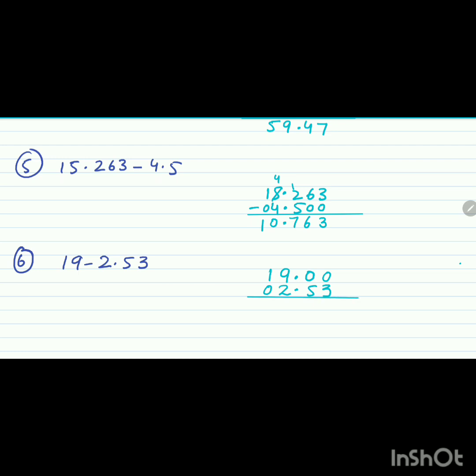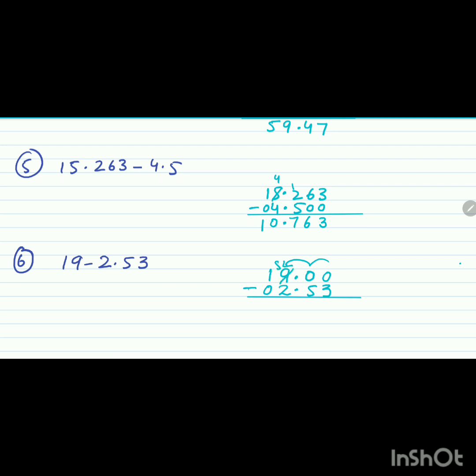And now you will subtract them with the simple subtraction method. You have to be very careful while doing this type of question. We cannot subtract 3 from 0 here. We cannot take a borrow from the next number because it is already 0. So we will take one borrow from 9.